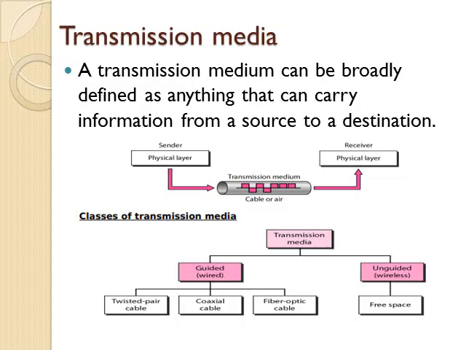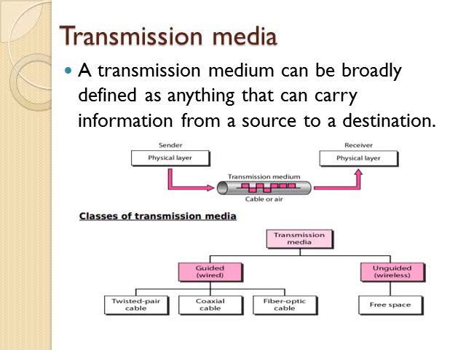Guided transmission media is one in which a physical wire is placed between a sender and the receiver. Hence, it is said to be guided transmission media. In unguided transmission media, there is no physical wire between a sender and the receiver. Hence, it is said to be a wireless channel.